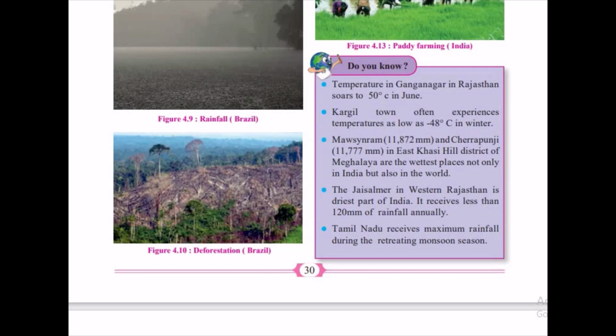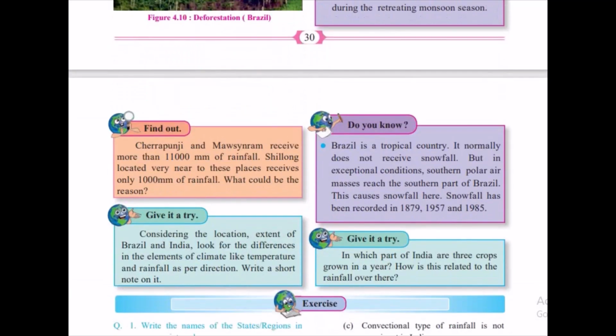Kargil town often experiences temperatures as low as minus 48 degrees Celsius in winter. Then Jaisalmer in western Rajasthan is the driest part of India. It receives less than 120 millimeters of rainfall annually. Tamil Nadu receives maximum rainfall during the retreating monsoon season.